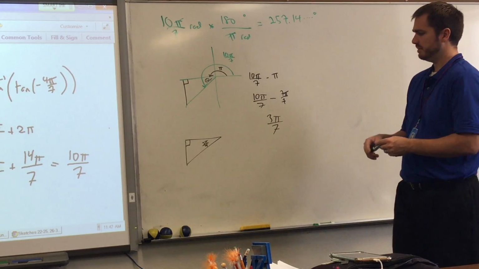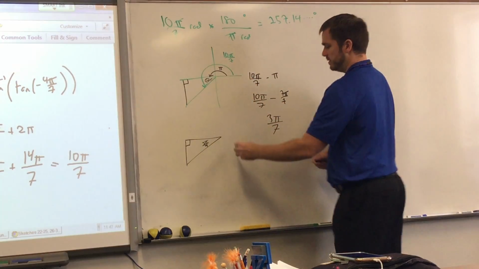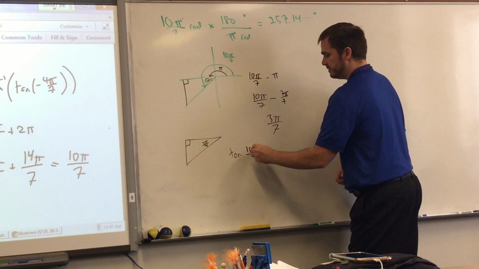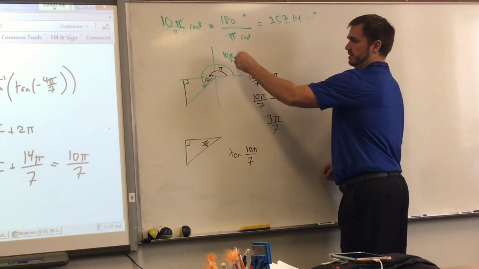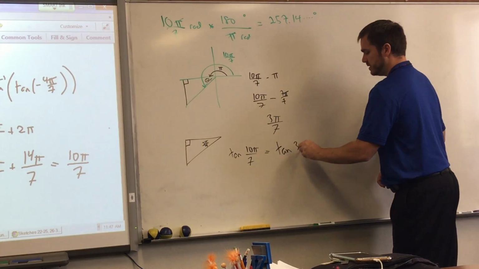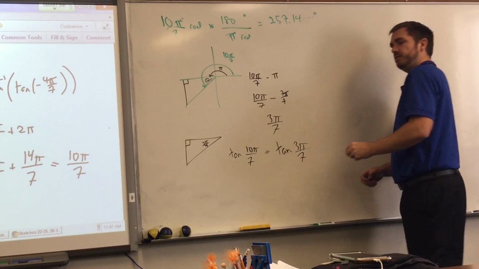Now, here's the thing. The tangent of 10 pi over 7 is going to equal the tangent of 3 pi over 7.